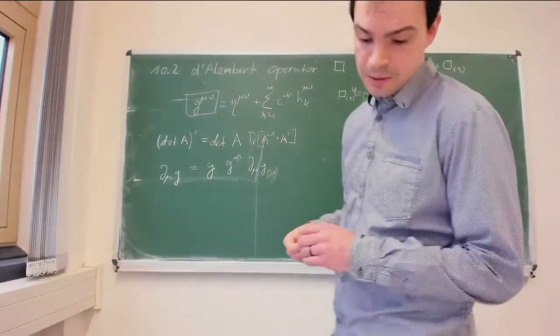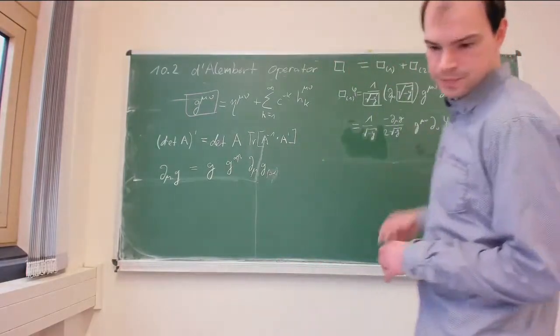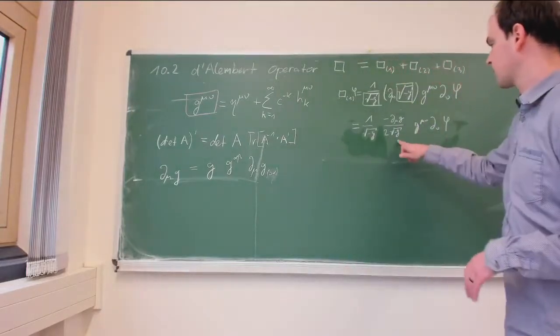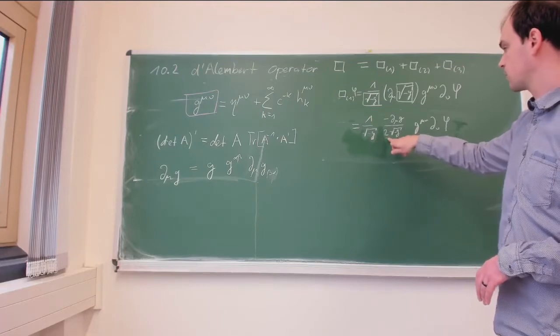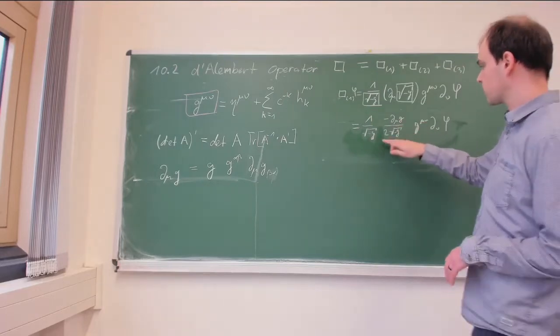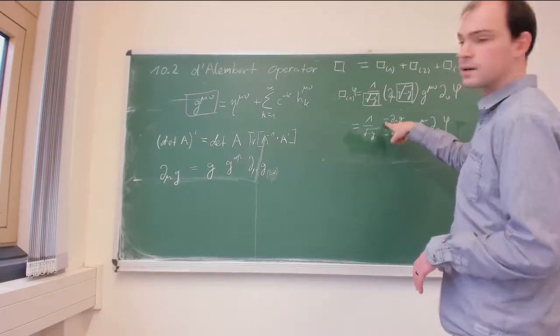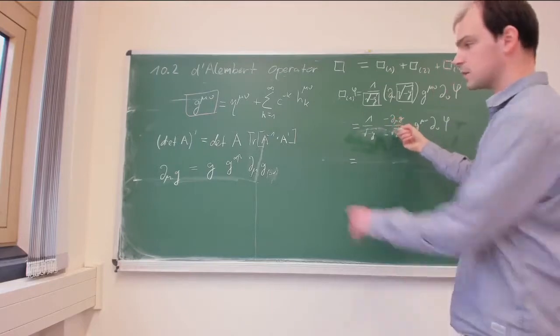Now we can insert this for our d mu g. Here we just get minus g times 2, so this would just be 2g, and the minus cancels.